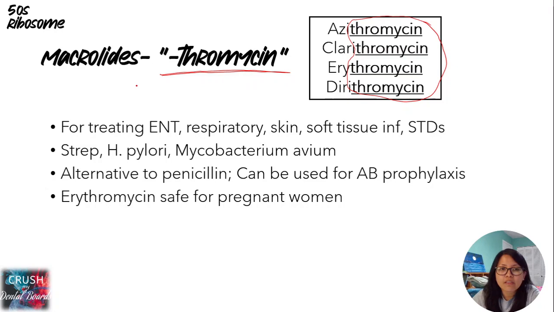Now, macrolides can be used as alternative to penicillins, especially those with pen allergies. And this type of drug can also be used for antibiotic prophylaxis, particularly your azithromycin. Now, among these examples of your macrolides, erythromycin is safe for pregnant women. Okay, so macrolides, they end in thromycin.